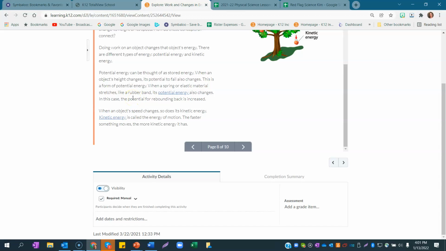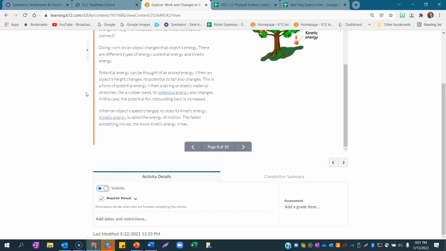Potential energy can be thought of as stored energy. When an object's height changes, its potential to fall also changes. This is a form of potential energy. When a spring or elastic material stretches, like a rubber band, it has potential energy that also changes. In this case, the potential for rebounding back is increased.